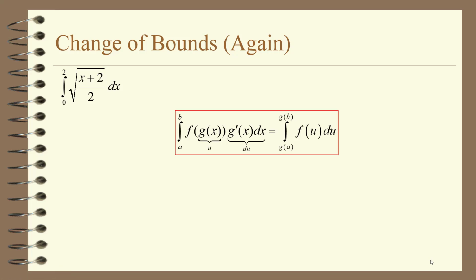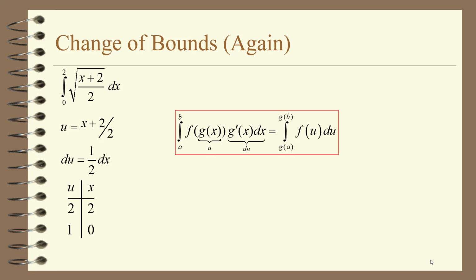So let's do that again. I'd like to know the value of this definite integral. Noticing there's a composition and it's a definite integral, when I change the variables, I will change the bounds, as you can see right here. To do so, we'll make u be the inside of the square root like always, du then be 1/2 dx, so dx will then be 2 times du. But then also, since I have bounds for x, I'll make a chart.